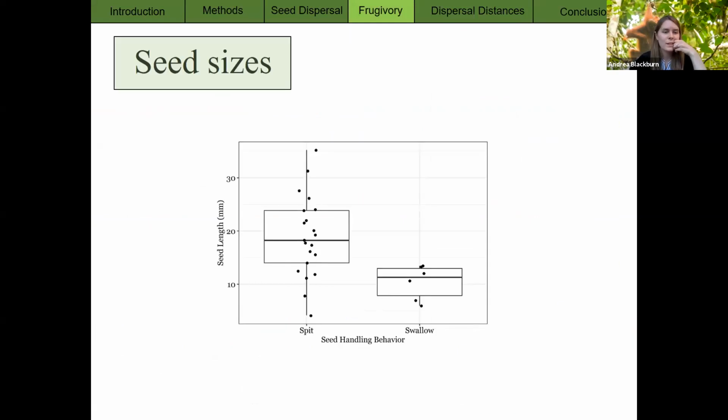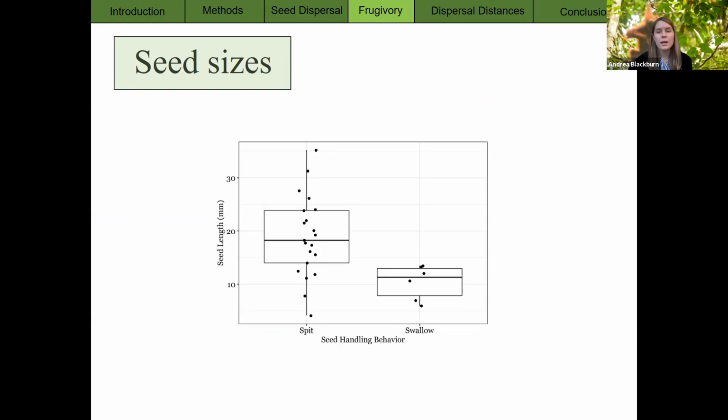I didn't get a chance to look at seed hardness. I do think that seed hardness would have an effect. And I'd be particularly interested in understanding if the hardness of seeds affects handling behavior among orangutan age-sex classes, because I think perhaps that's where you might see differences among flange males chewing seeds versus particularly younger juvenile orangutans maybe not chewing seeds.